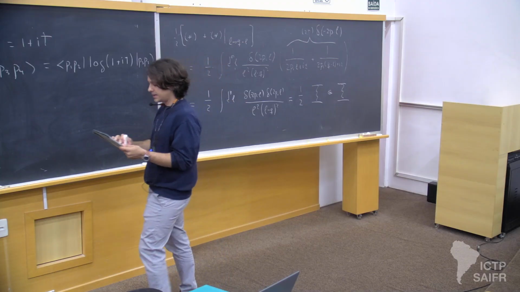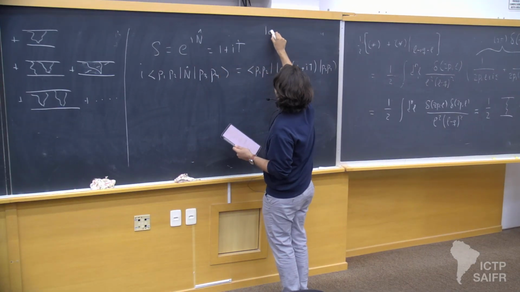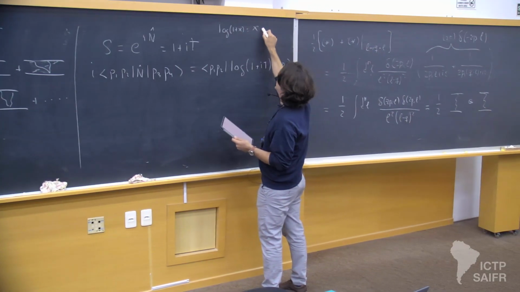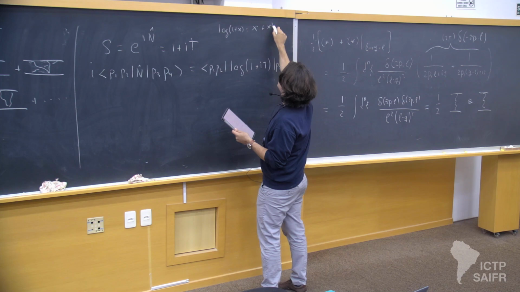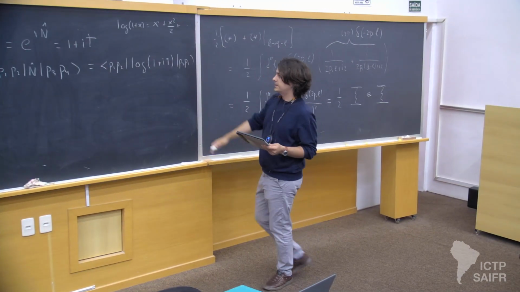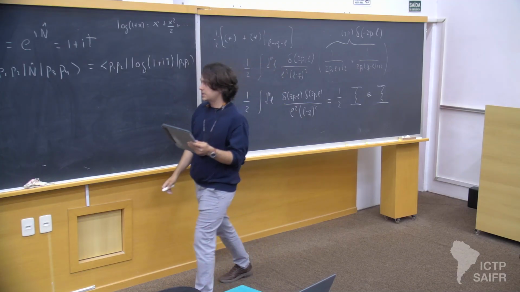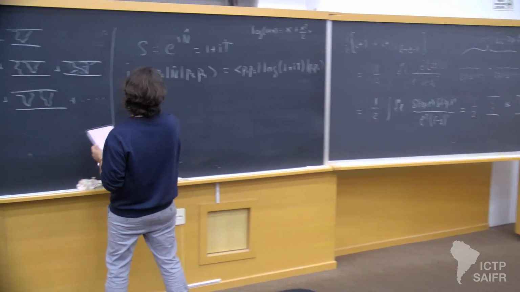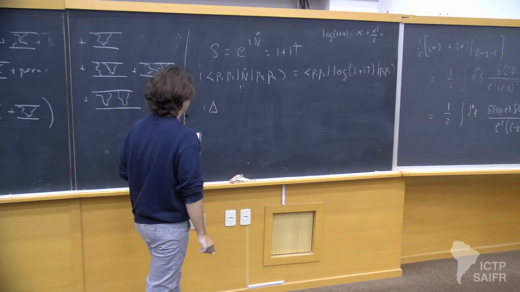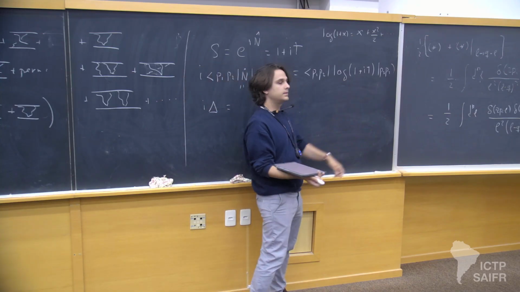So what does this look like? If I just use the usual formula for log, like log of 1 plus x equals x minus x squared over 2 plus dot dot dot, then I'll find that this is just a bunch of powers of x. So I'll find that this object, let me call it delta, will be something like the amplitude, because the leading term will just be IT.